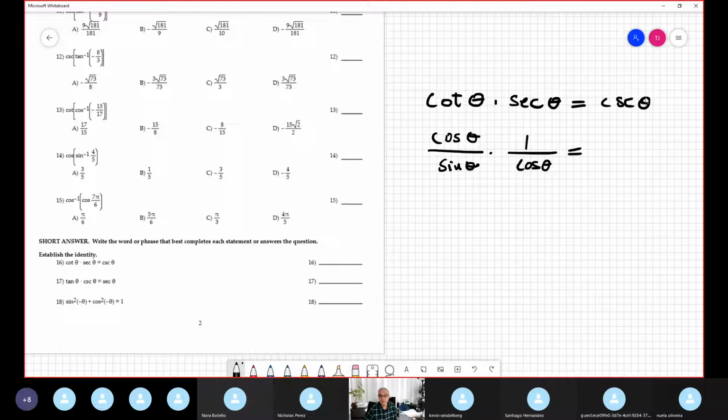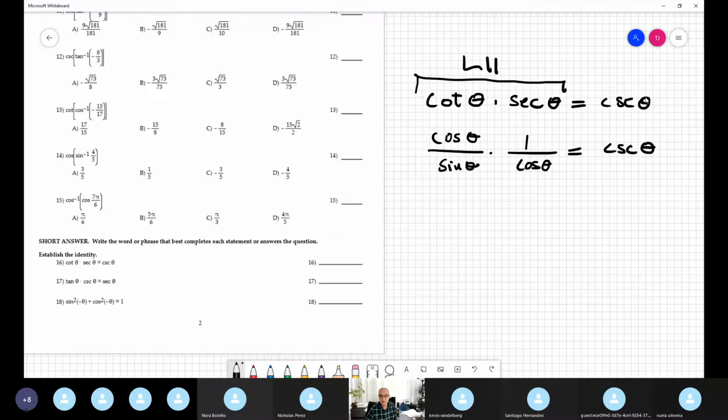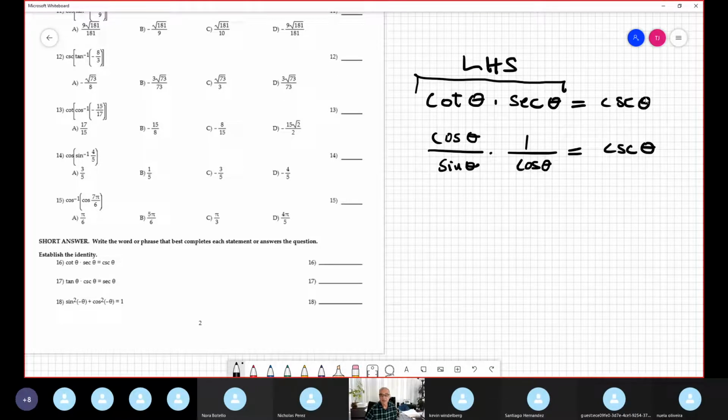And the right side stays the same, cosecant theta. I make a decision: manipulate the left hand side, and the right hand side stays exactly the same. And finally, we set them equal.